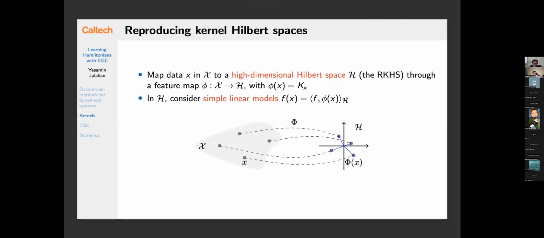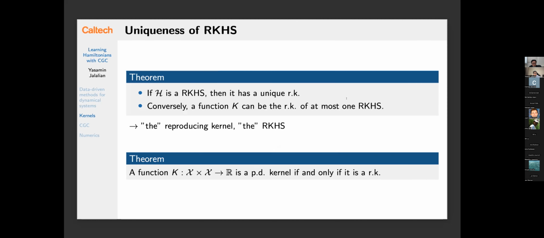So now we have this mapping of the data in X to a high dimensional Hilbert space H through this feature map Kx. And now in H, we can consider just simple linear models, F of x being just the inner product by the reproducing property that I just said. And here we also have the uniqueness. If H is an RKHS, then it has a unique reproducing kernel.